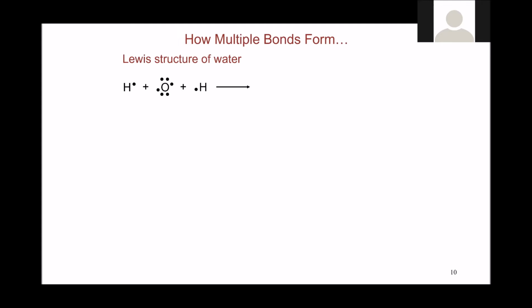So once this sharing happens, this is what will be the result. That hydrogen here will share the electron with this side, and that hydrogen will share an electron with this side. And as a result, you'll have oxygen with 8 electrons around it, so it satisfies the octet rule, and hydrogens with 2 electrons around them, which is what is needed for the hydrogen.